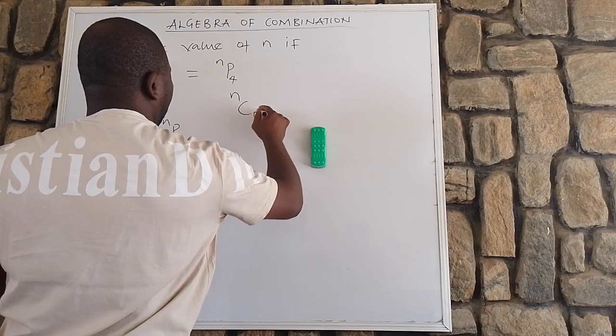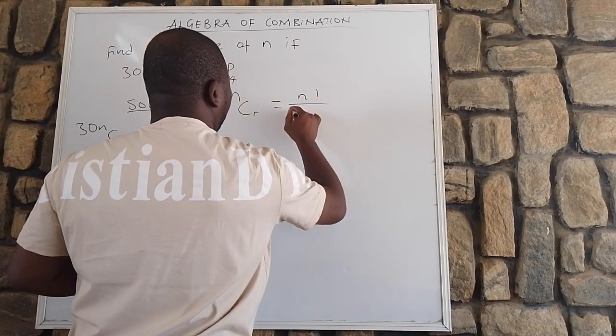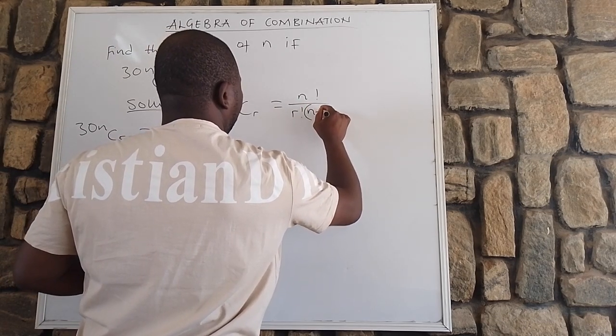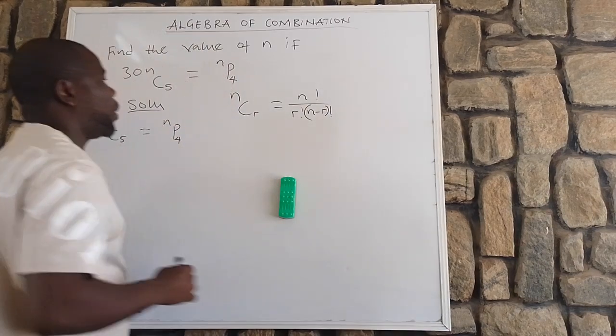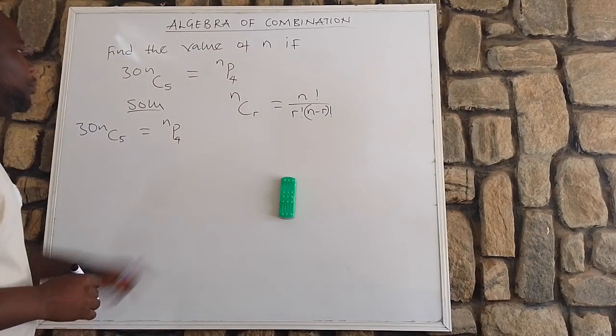n combination r means n factorial all over r factorial times (n minus r) factorial. This is the definition of combination.